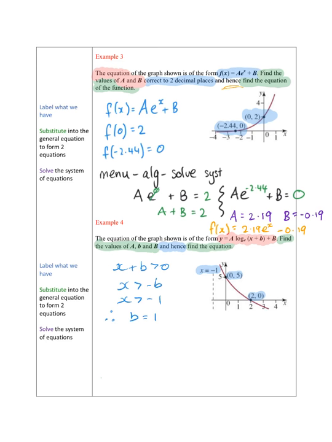So I now have the fact that y, our graph, is equal to a log e (x plus 1) plus a capital B. I also know that whenever x equals 0, the whole graph equals 5.